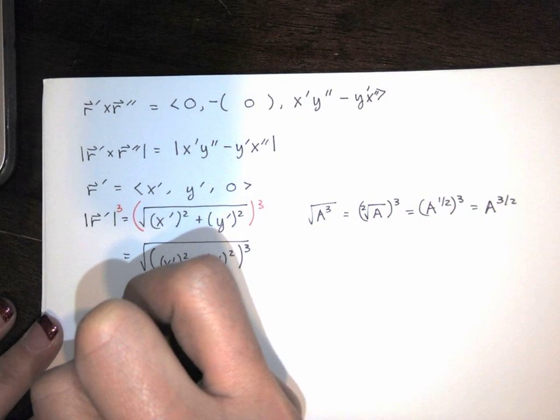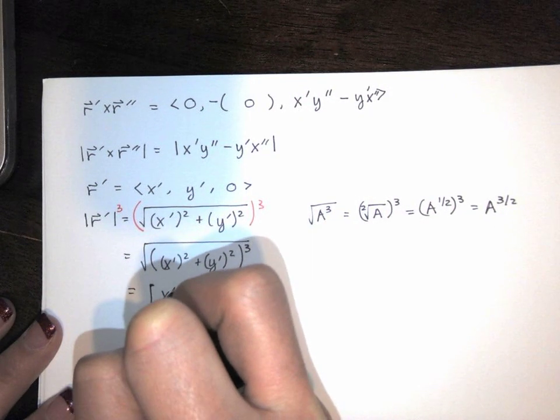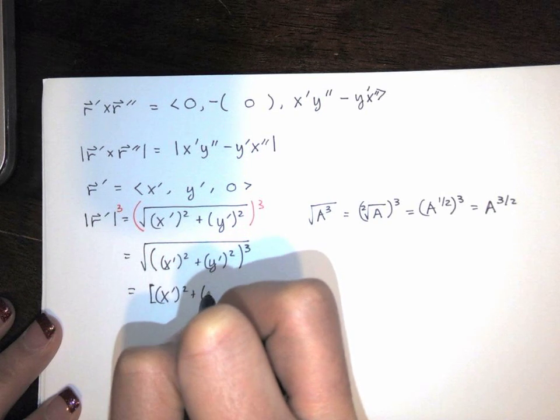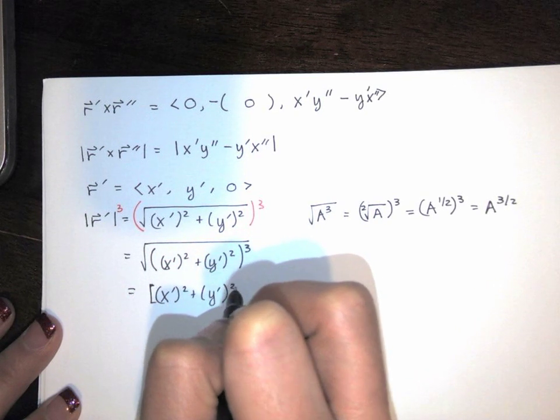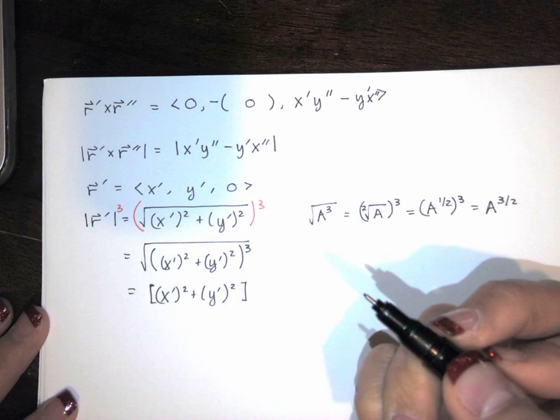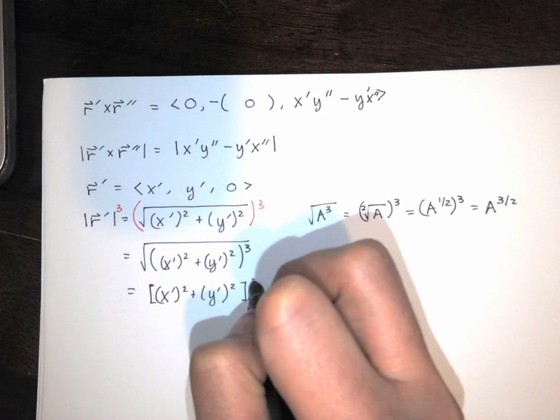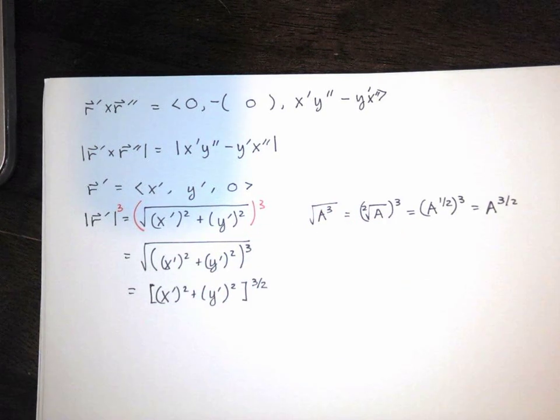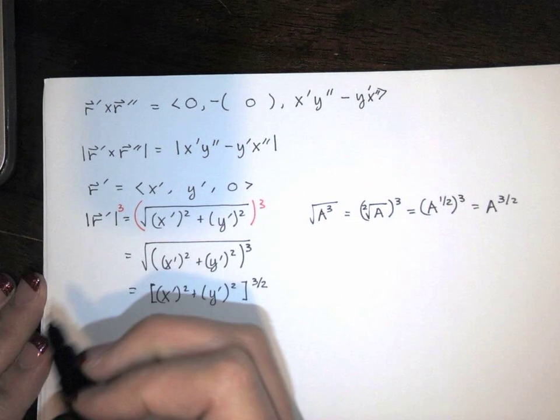Or, if you prefer, x prime squared plus y prime squared to the 3/2. Alright, so that is the denominator of this guy.